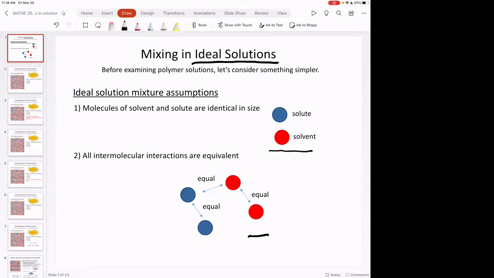That's a very interesting one, because it means that whatever intermolecular interactions you have in the solvent, and whatever intermolecular interactions you have in the solute, when those are separate, you have the exact same intermolecular interactions when you combine the 2. So these 2 concepts define ideal solution.